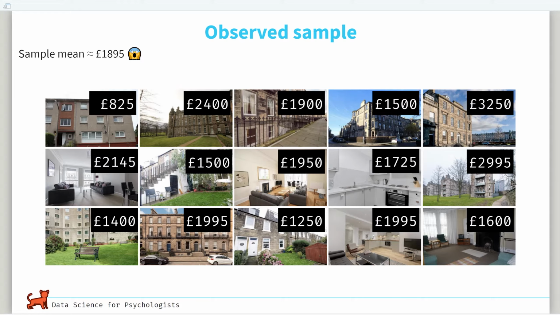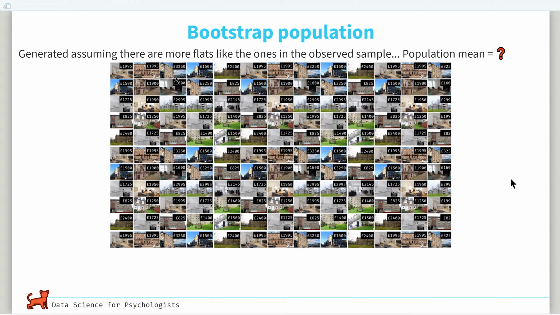So there's a range, but they're pretty steep. And we can get a better estimate, possibly, by assuming that there are more flats like the ones that we've observed, effectively trying to derive the population mean from the data we do have.